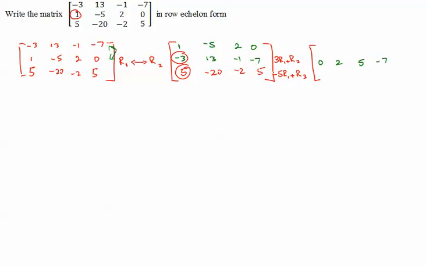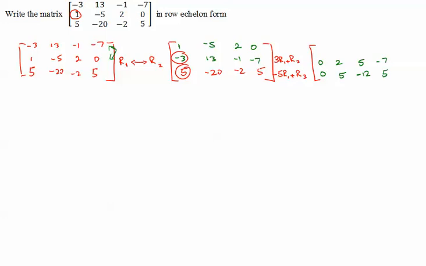For the third row, we have minus 5 times 1 is minus 5, minus 5 plus 5 is 0, minus 5 times minus 5 is 25, 25 minus 20 is 5, and then minus 5 times 2 is minus 10, and minus 10 plus minus 2 is minus 12. Minus 5 times 0 is just 0, and 0 plus 5 is just 5.